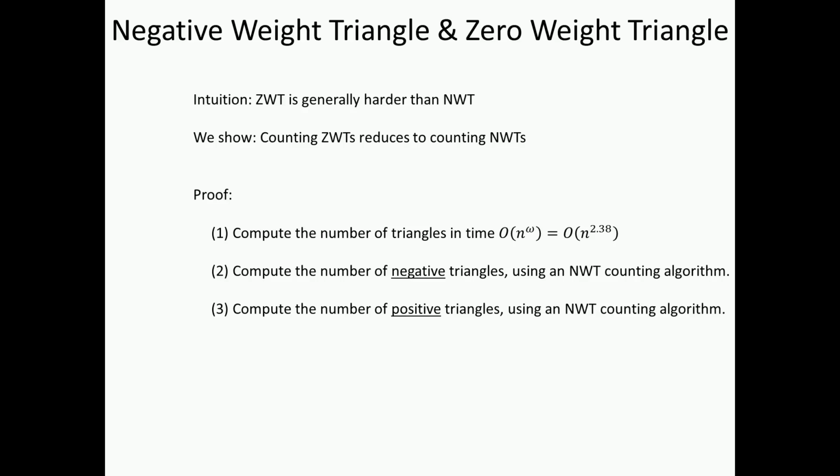the graph. Then every positive triangle turns into a negative triangle. Finally, we compute the number of zero-weight triangles by taking the number of triangles and removing from it the number of negative triangles and positive triangles, and this completes the proof.